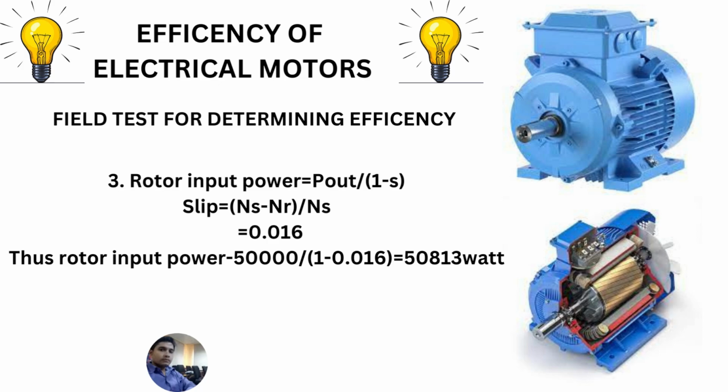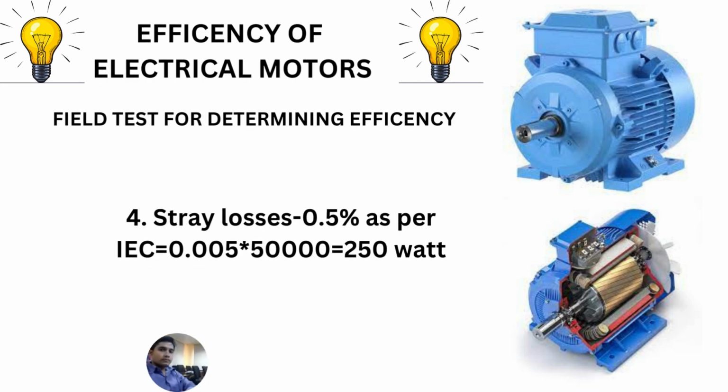Thus, rotor input power will be 50,000, because the motor rating is 50 kilowatt, by 1 minus S, slip, which is equal to 50813 watt.